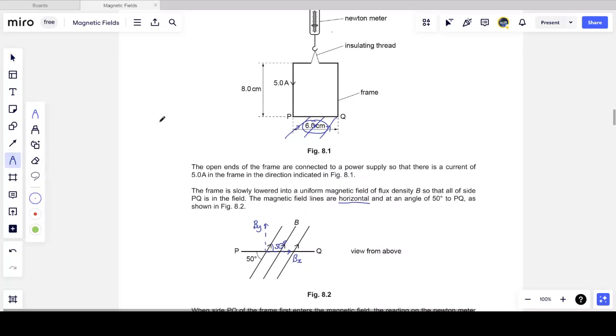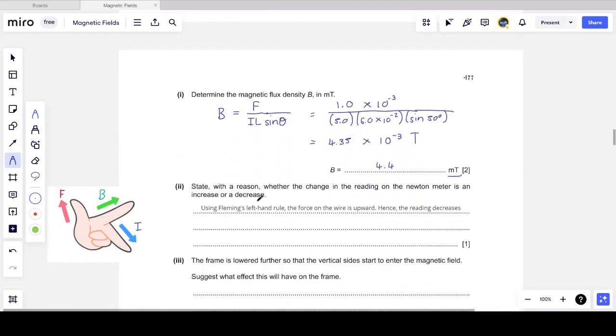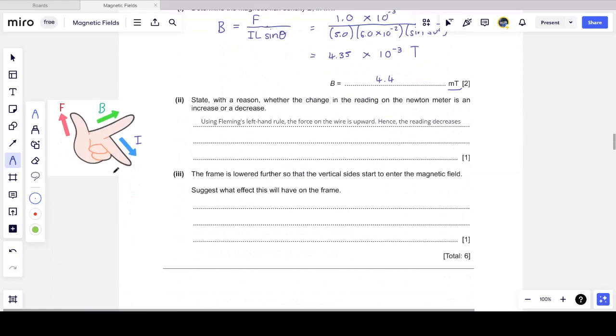The current is down on the left-hand side and up on the other side. So those two forces will cancel, and there'll be no net effect on the frame. But the x component, the horizontal component, will have an effect. So again, using Fleming's left-hand rule, what I have now is that the current points downward, so my middle finger points downward.